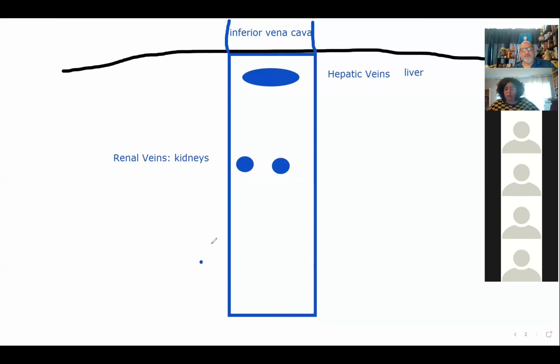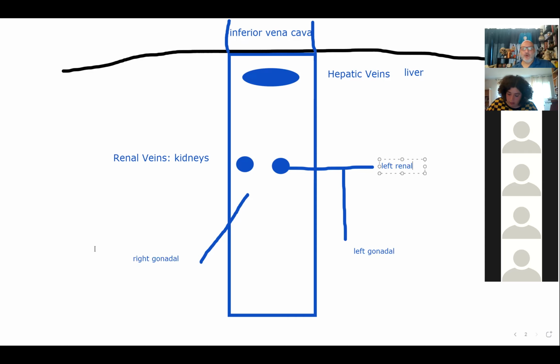The right gonadal feeds directly into the inferior vena cava, whereas, and again, I have absolutely no idea why it would be organized this way, the left gonadal feeds into the left renal. A very, very weird asymmetry that I can't even begin to hazard a guess as to why you would set it up this way. It just is. But it's consistent. Males and females, this is the way it's set up.